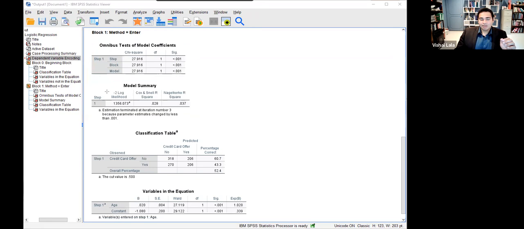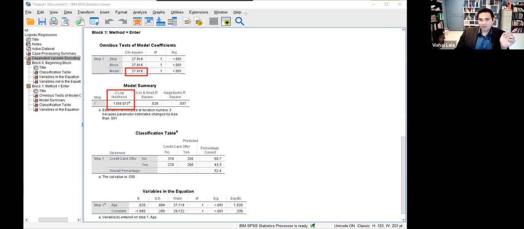So the -2 log likelihood for our model in block 1, that is a model with age in it, is 1356.073. You may recall I said in block 0, a -2 log likelihood was computed. It was not stated, but it was computed. The difference between the block 0 and block 1 -2 log likelihoods is your model chi-squared.